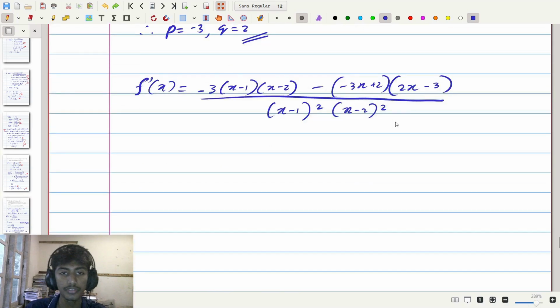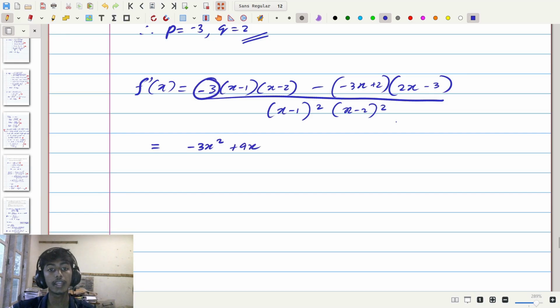We're going to take all of this and simplify it down. We get minus 3x squared, and then x times negative 2, negative 1 times x, which is negative 3x times negative 3, which is positive 9x, and then negative 3 times negative 1 times negative 2, which is negative 6.